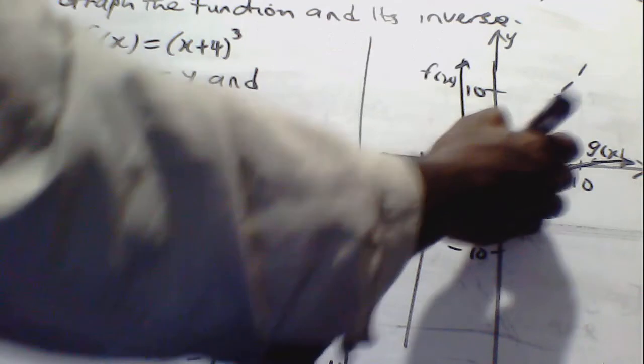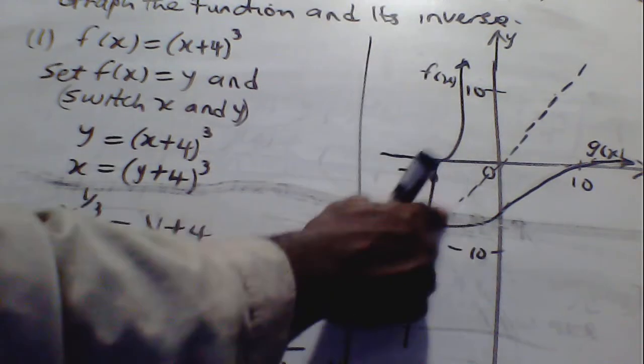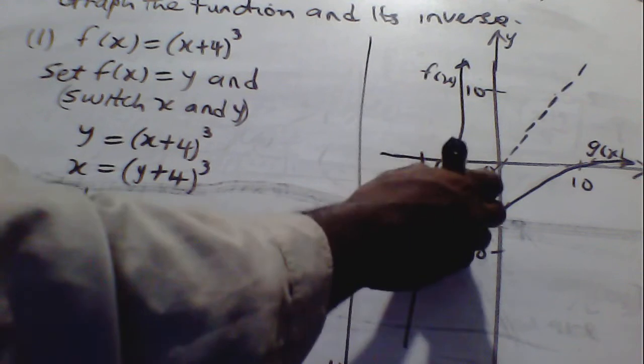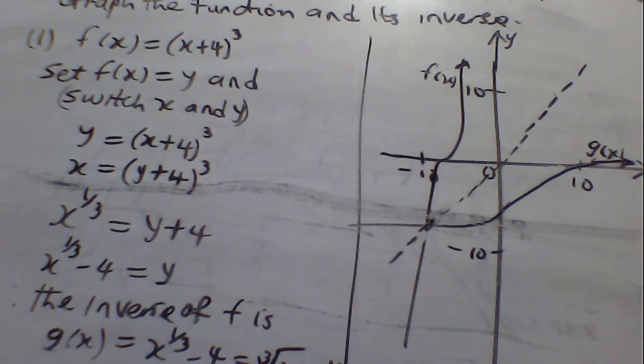If we draw a line here, this line will pass through the center. This is a line of reflection where y is equals to x.